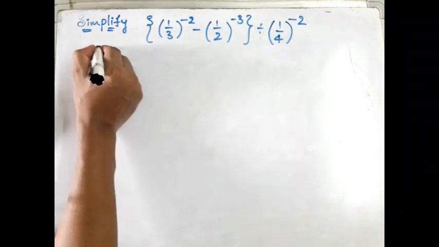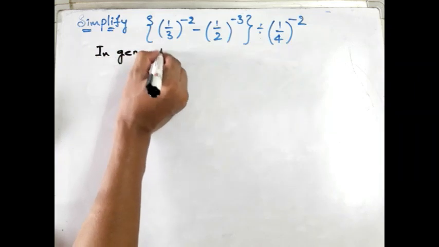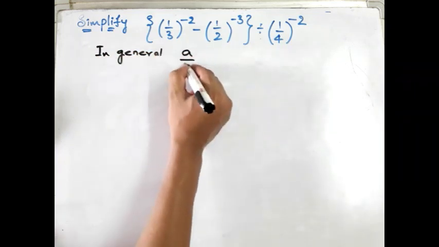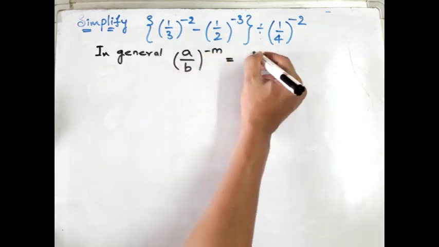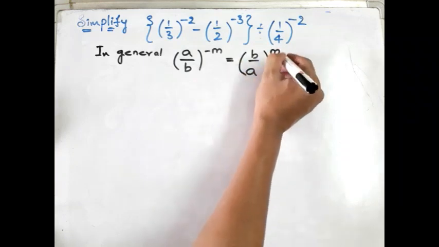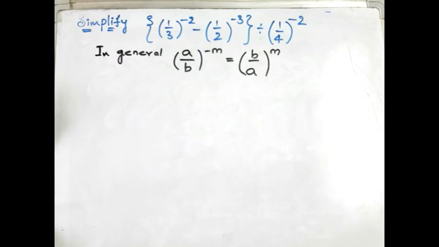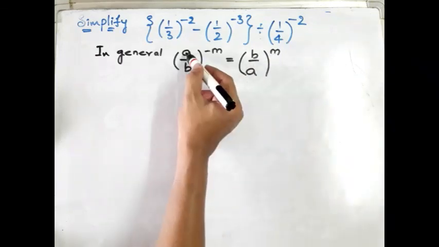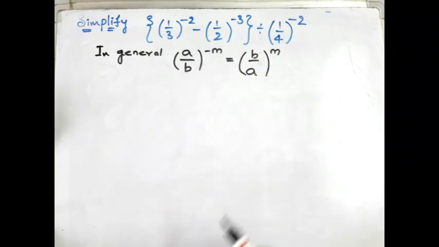So in general, a by b whole power minus m is equal to b by a whole power m. That means the reciprocal of a by b is b by a and minus m will become plus m.